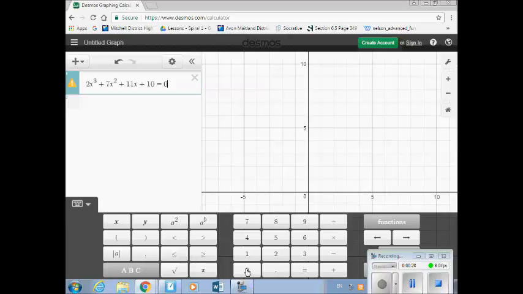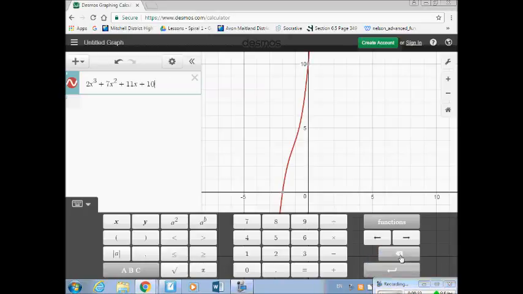So what we need to do is just enter that portion of the equation, and then we should be fine. Now, I'm not sure what would happen if I put equals y. Okay, if I put equals y, I also get the graph that I'm interested in. But if I put equals 0, it doesn't work. So that is one little issue with this software, so you have to be careful of that.